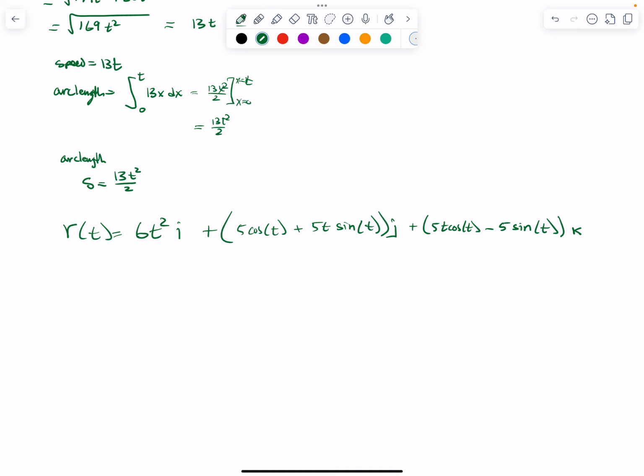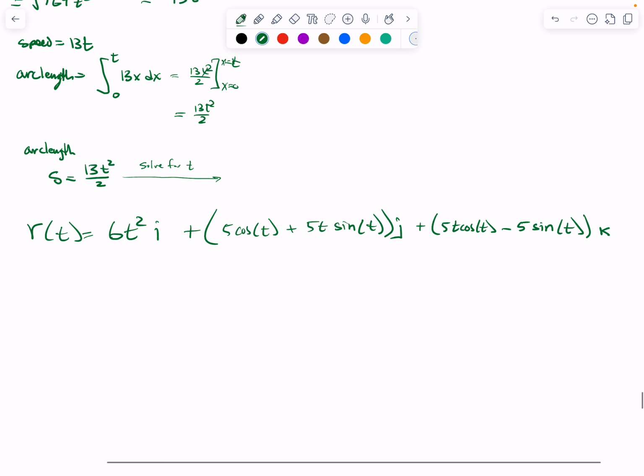Okay, so there's my original function, and notice I want to reparameterize, which means change the parameter from t to s. So I will solve for t. When I do that, I get t squared equal to 2s over 13, which means t is the square root of 2s over 13.